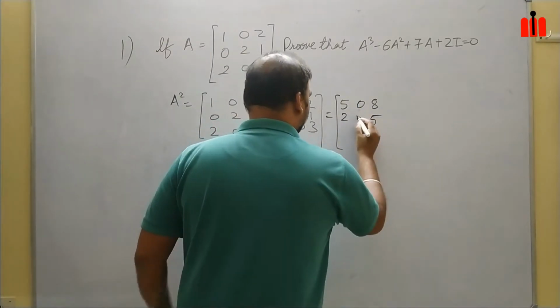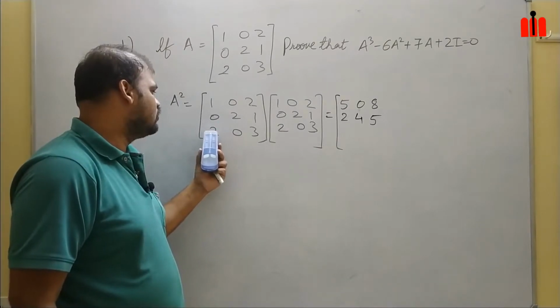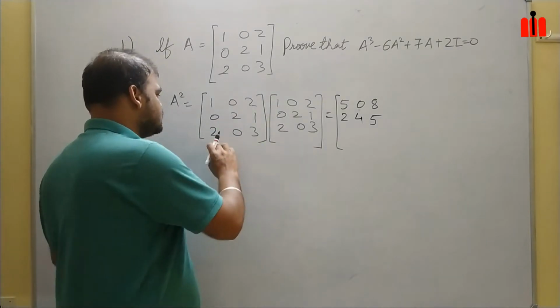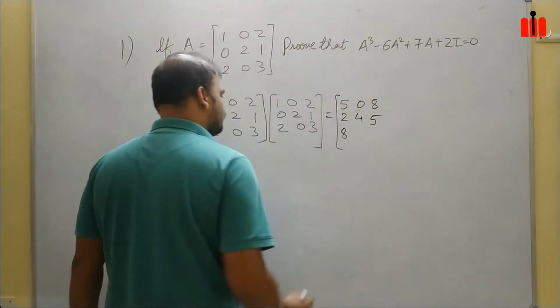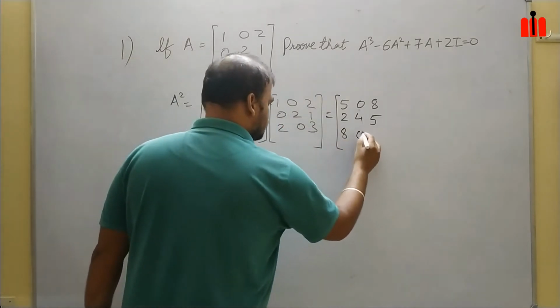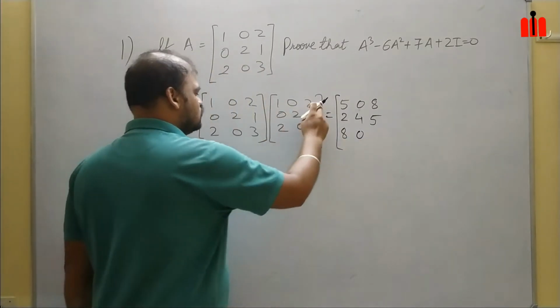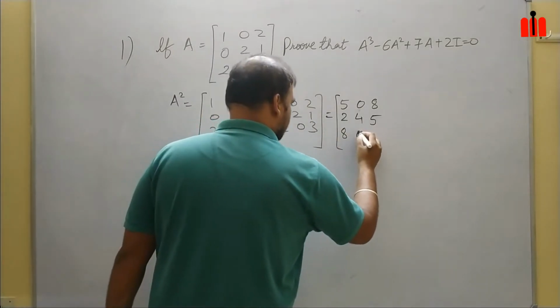2 4 and 5. What will be my third row now? 2 0 3 multiplied with this. 2 into 1 is 2, 3 into 2 is 6. So it is 8. 2 into 0 is 0, 0 into 2 is 0, 3 into 0 is 0, so 0. 2 into 2 is 4, 0 into 1 is 0, 3 into 3 is 9, 9 plus 4, 13.